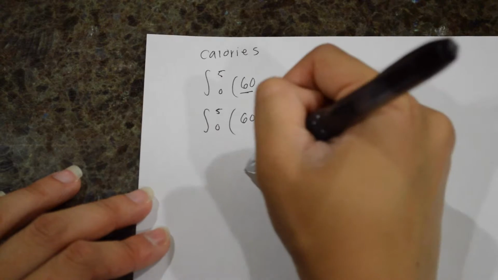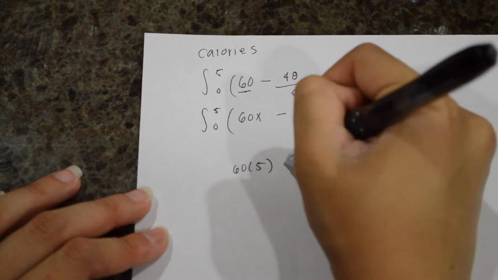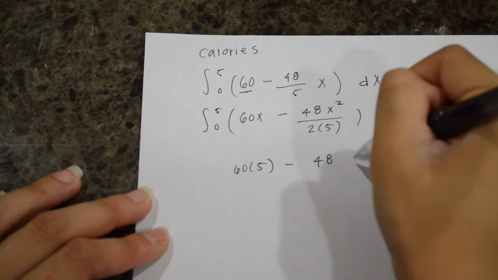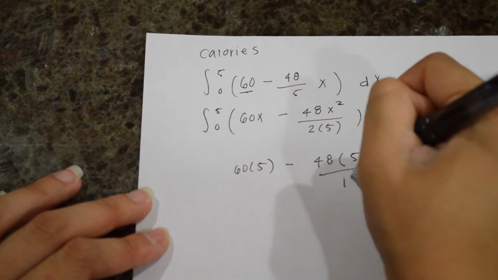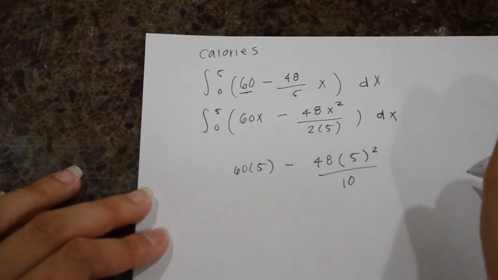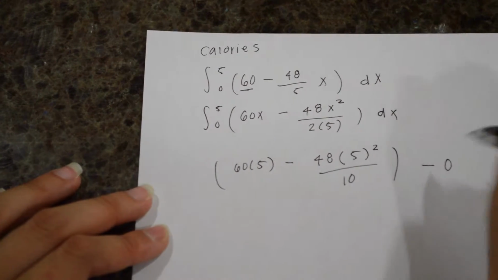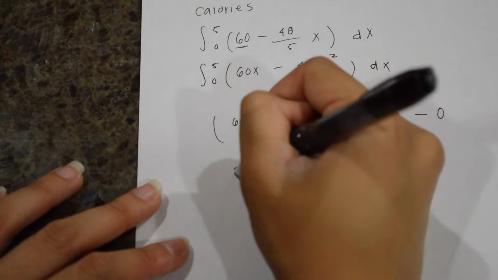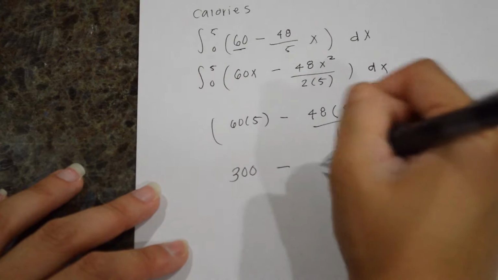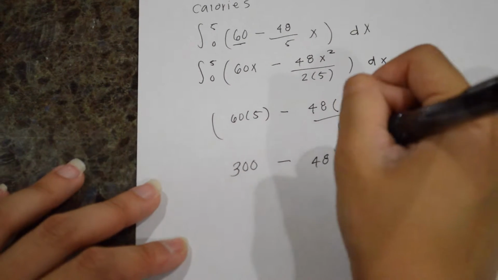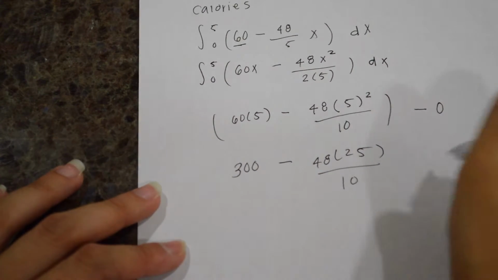So let's plug in 5 to 60 times 5 minus 48 5 squared over 10. So let's solve for that now. 300 minus 48 times 25 over 10 minus 0.